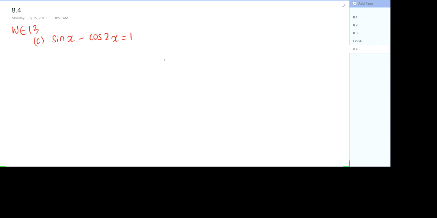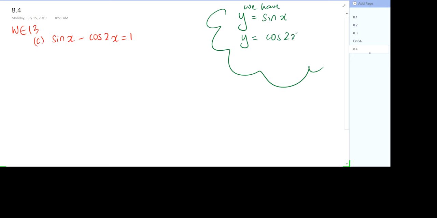Now we're going to break up our part C into two parts. Because you have to keep in mind, we already have the graph of y equals sine x and y equals cosine 2x.